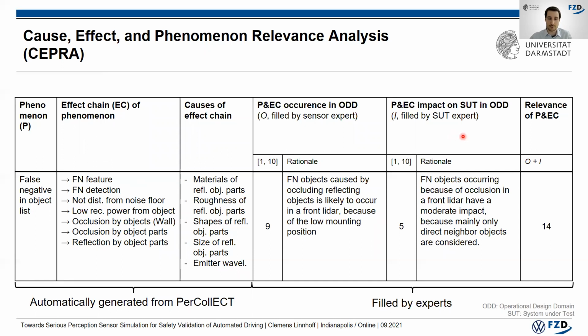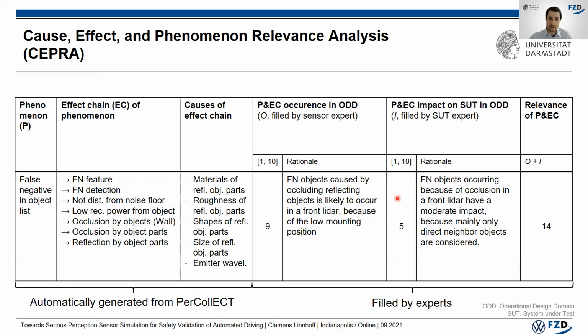this virtual environment. Also a score between 1 and 10, but here on the impact on the system under test. So how would this phenomenon, if it occurs, impact the specific system under test? Again, with a reason and a rationale for this evaluation.